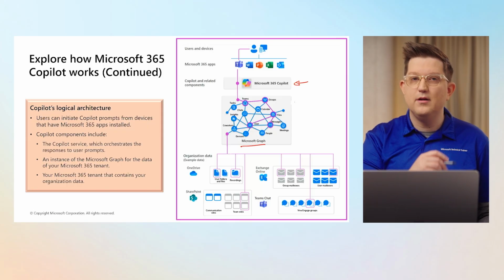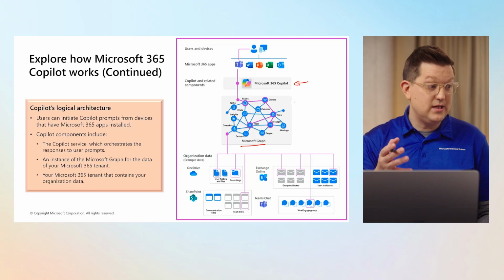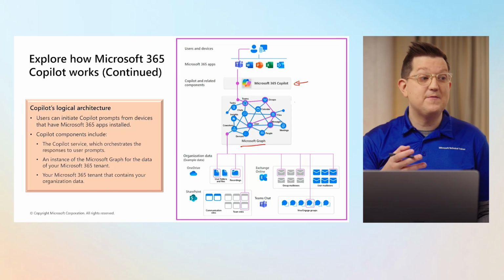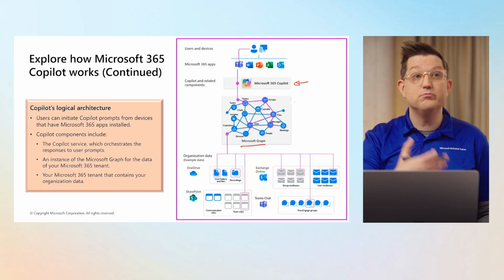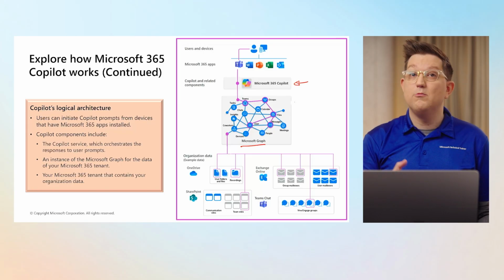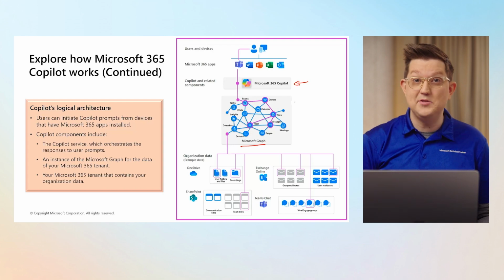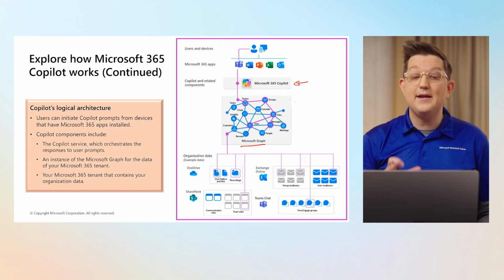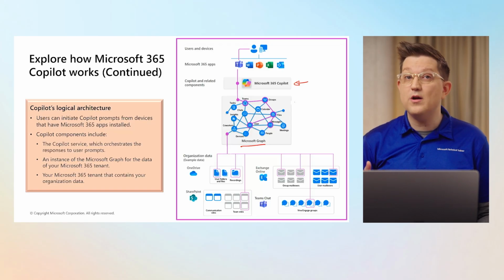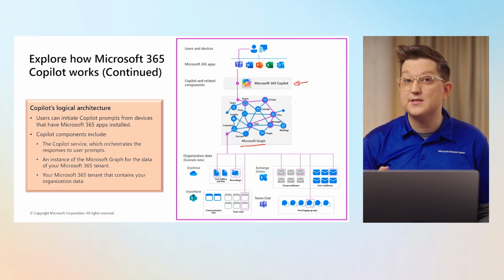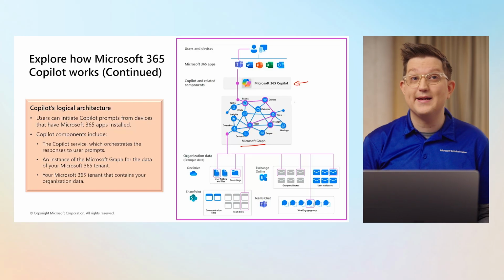The graph means that if it is something you can't see, Copilot can't see it. If it's something that you are able to pull, Copilot can pull it. We use your permissions. So if Copilot can see it, you can see it. That is a really important part of how we have designed this. It should work out of the box with all of the various permissions you already expect. So always keep that in mind.